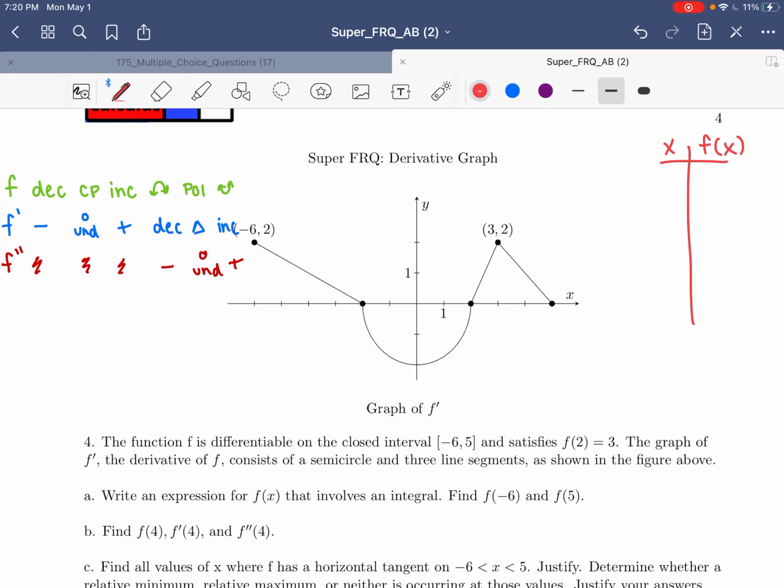So I have x and f of x. We always got to include our endpoints. So -6 to 5. And I also have to include everywhere that we have a critical point, which in this case is -2 and 2.